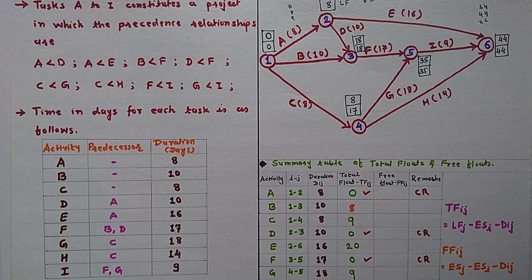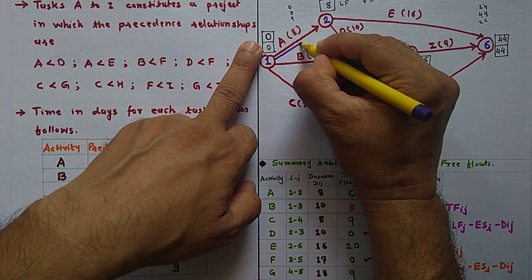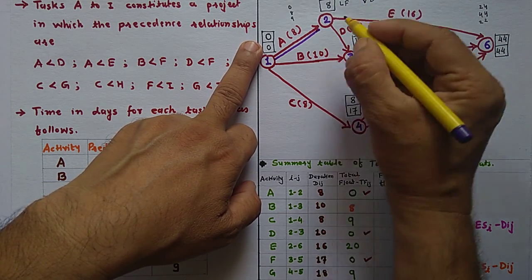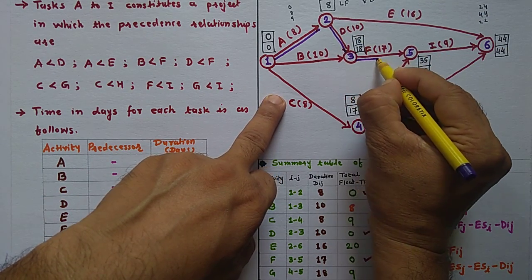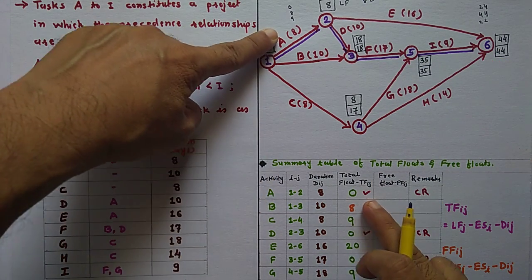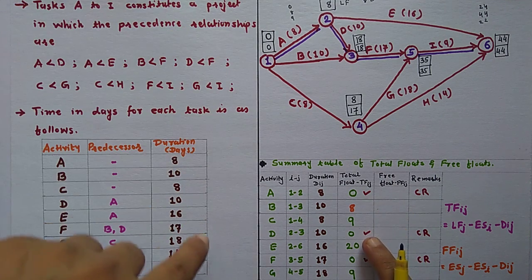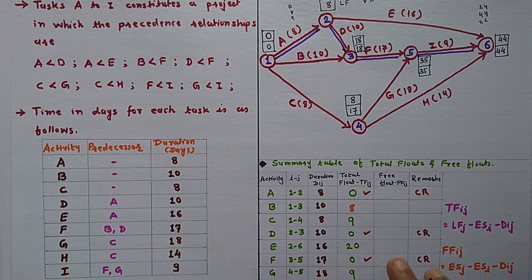So you can highlight your critical activities in this diagram. Here both values are the same, so this path, and again this: activity A, activity D, activity F, activity I. From the total float you can identify the critical path.